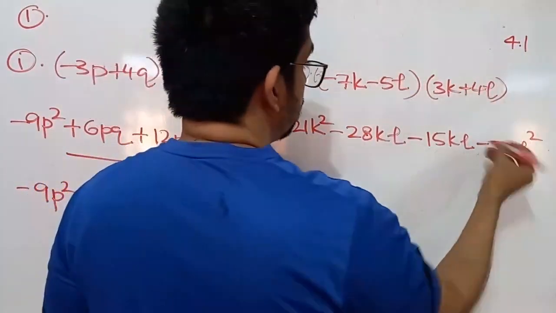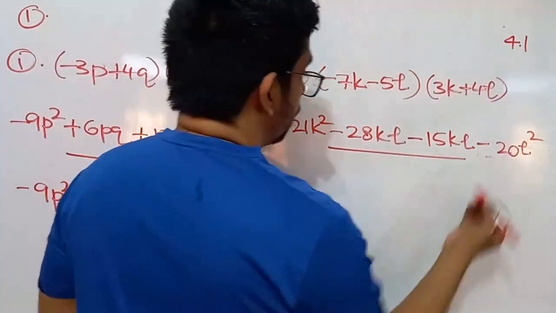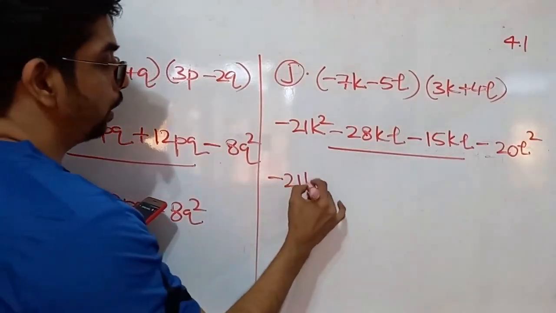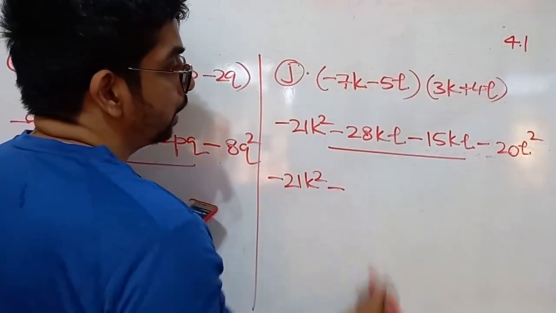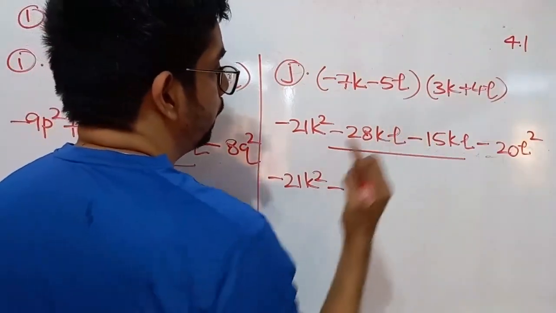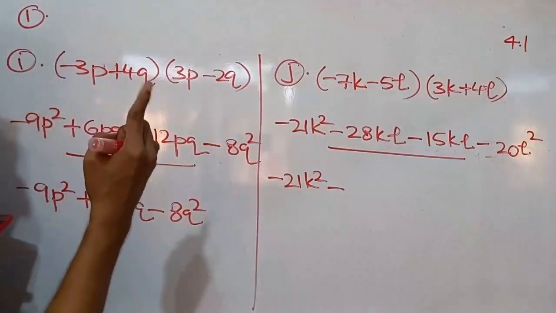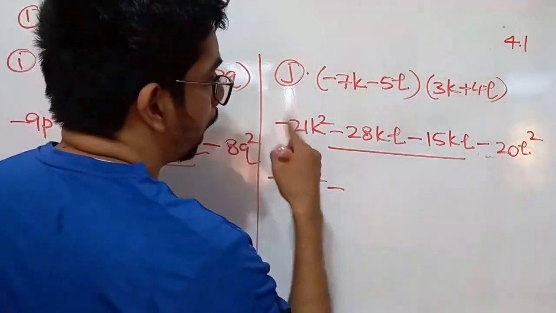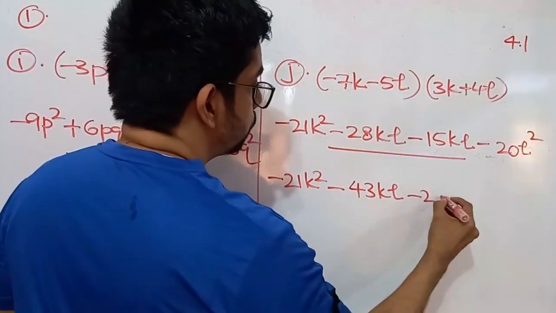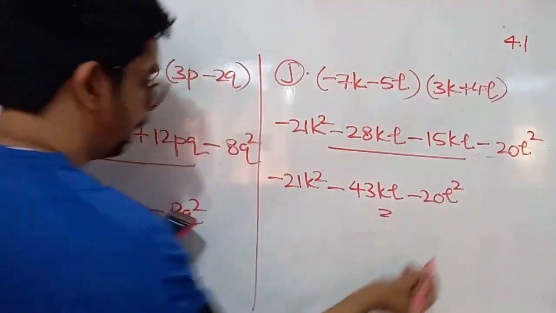Negative into positive, that is negative. So those are like terms. So negative 21k squared minus 28 plus 15. 20 plus 10, that is 30. 30 plus what? So this will be 43kl minus 20l squared. So that is the answer.